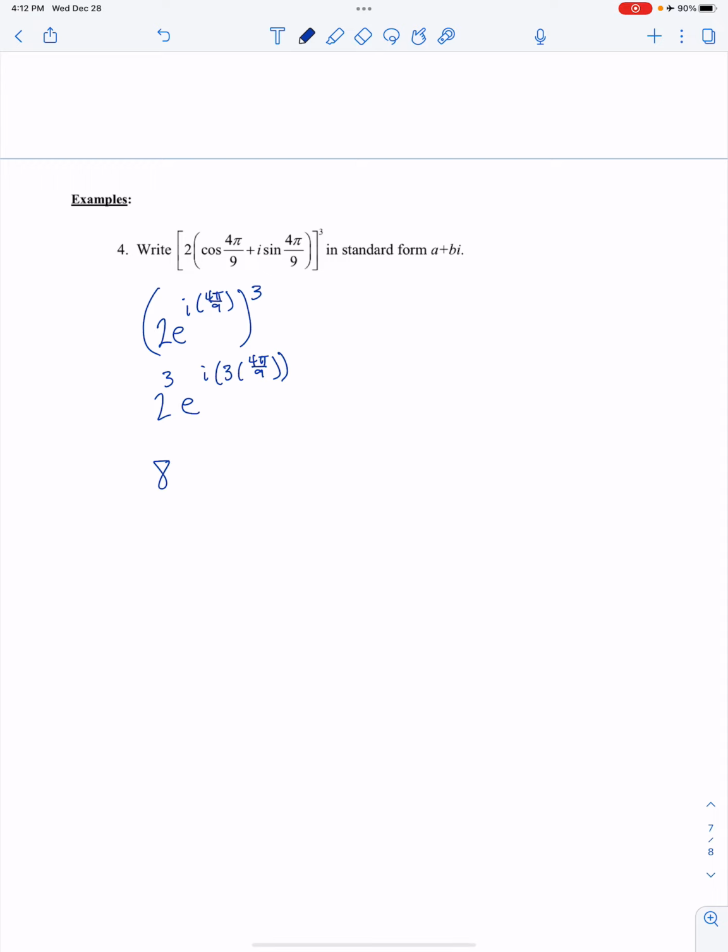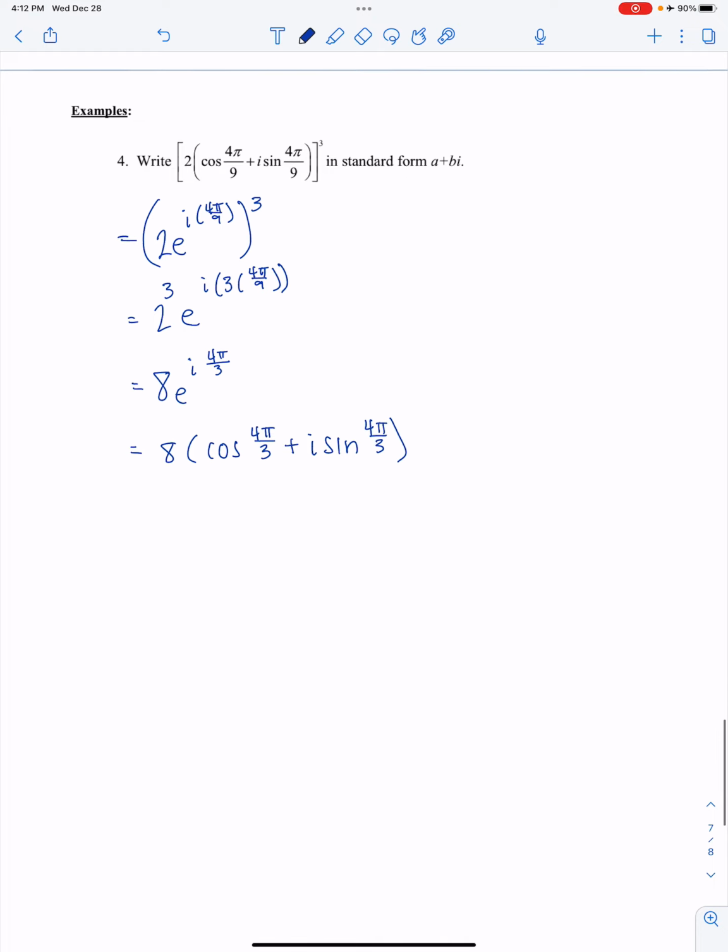So we have 8 e to the i 4 pi over 3. So if we rewrite that back, we'll have 8 times cosine 4 pi over 3 plus i sine 4 pi over 3.